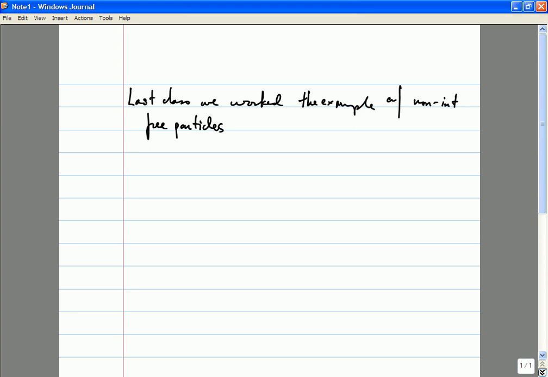So, just to remind you, we imagined that we had a system where particles were allowed to live in some set of states, which were labeled by an index nu, and the total energy of the system is the sum over all possible states that the particles could be in, times the number of particles in that state, times the energy of one of those particles in that state.